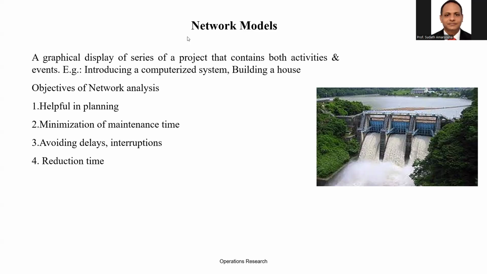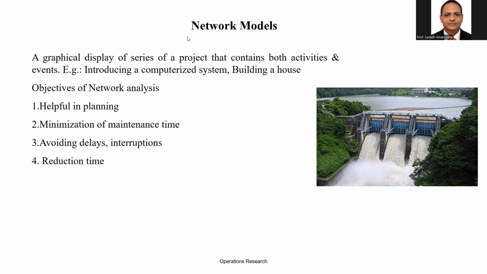The objectives of network analysis are helpful planning, minimization of maintenance time, avoiding delays, and reduction of time. Not only that, we have the possibility to identify the critical path. We can identify the critical activities and the non-critical activities, and also the entire project completion time.